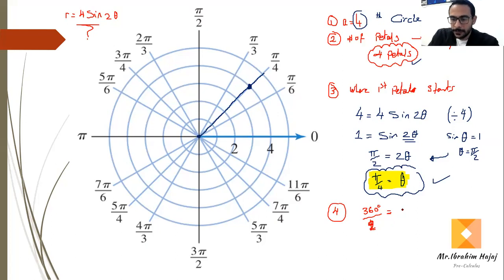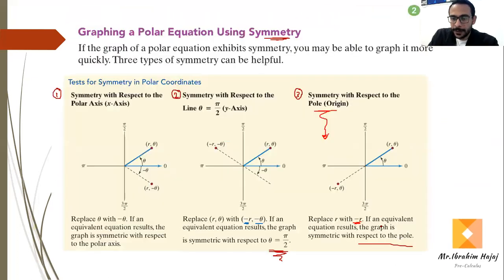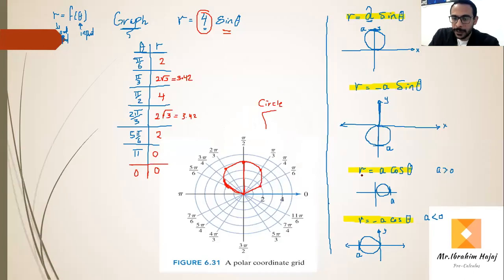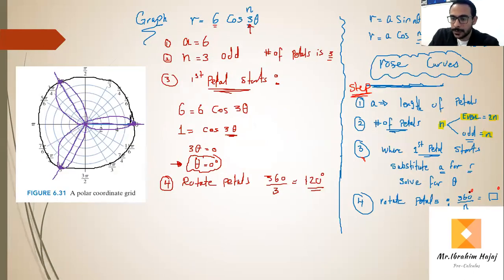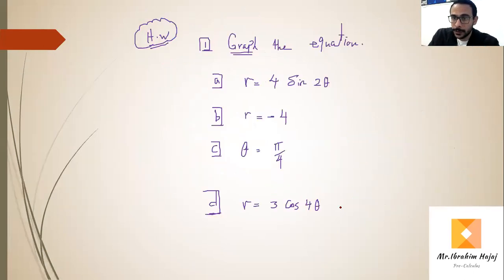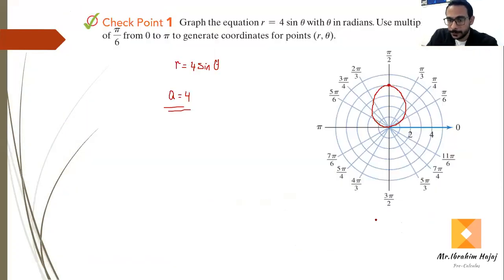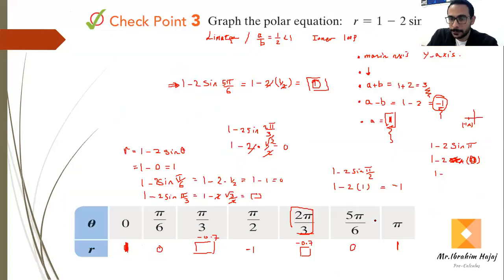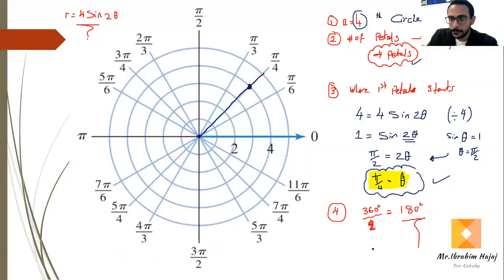What we said, Muhammad, is that to rotate the petals we divide 360 by n, and n is the number of petals, which is 4.